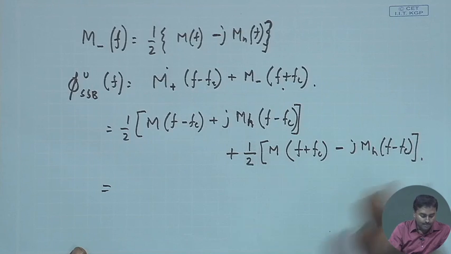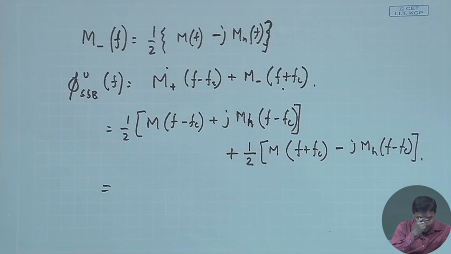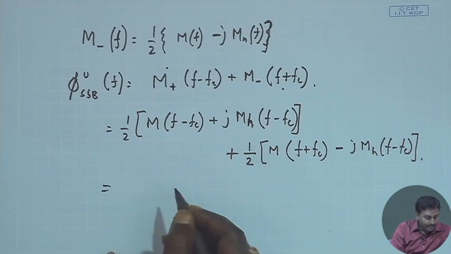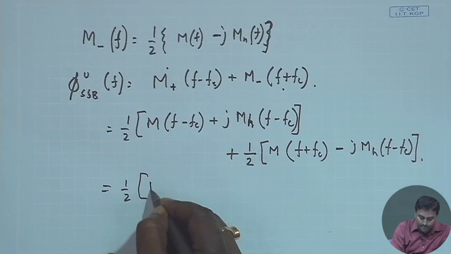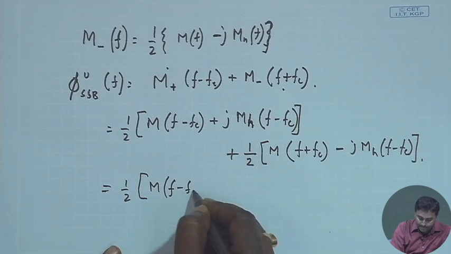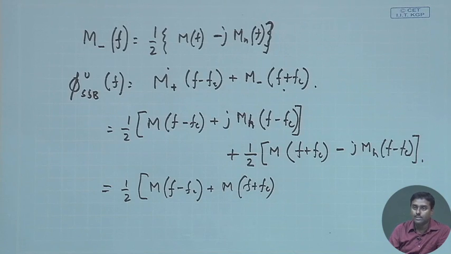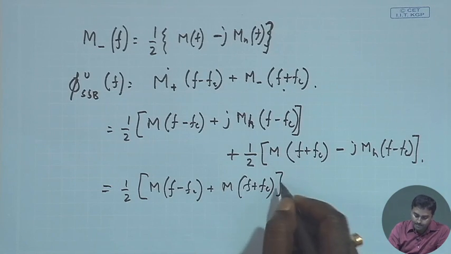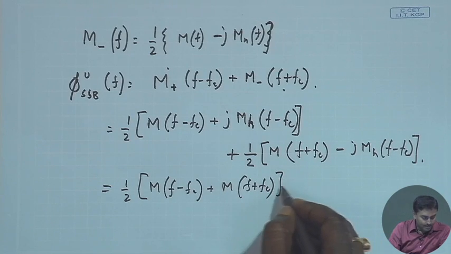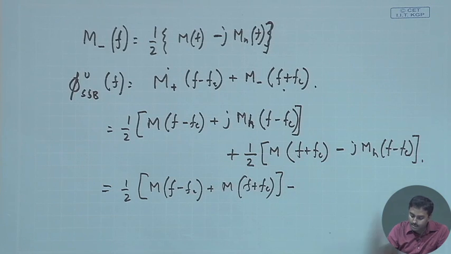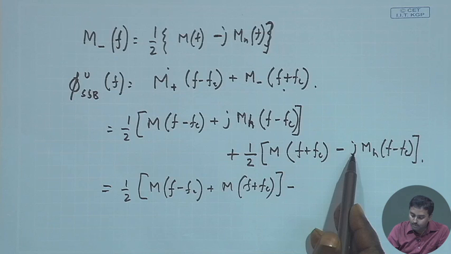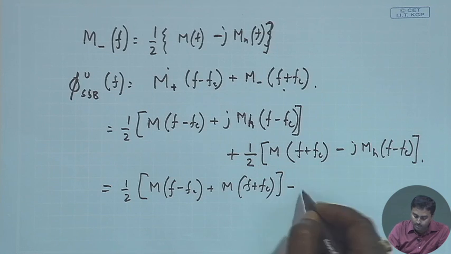Whichever has j term, I will take them out. So, basically what do I get? I get half M(f minus fc) plus M(f plus fc). So, this is the term which is free of j, and then if I just take minus 1 by j common, okay.